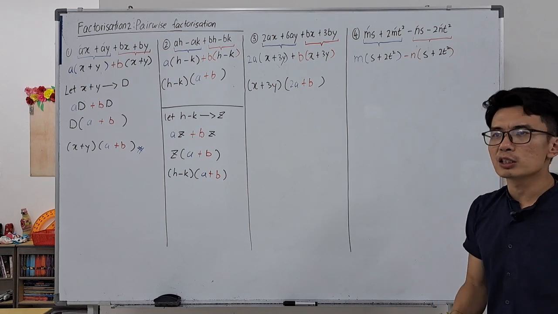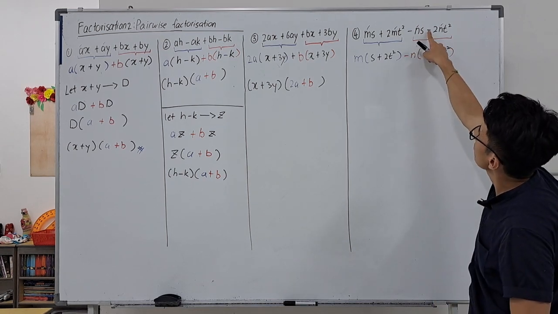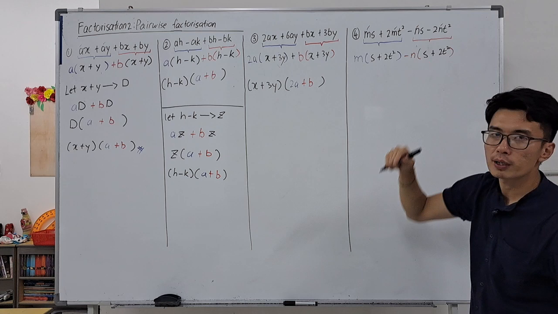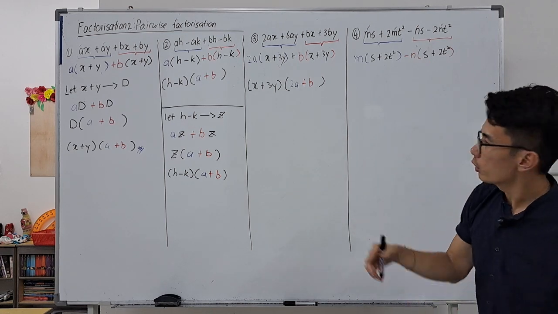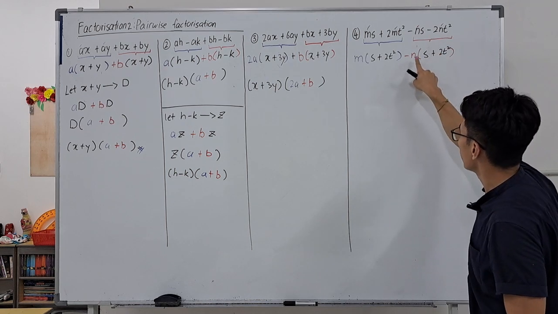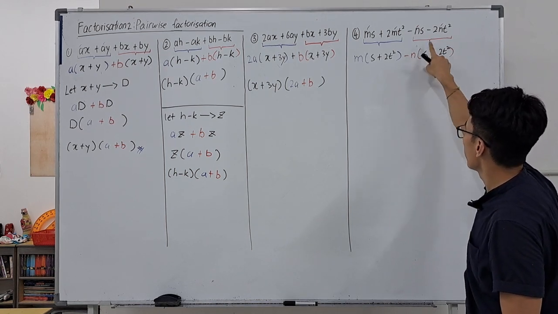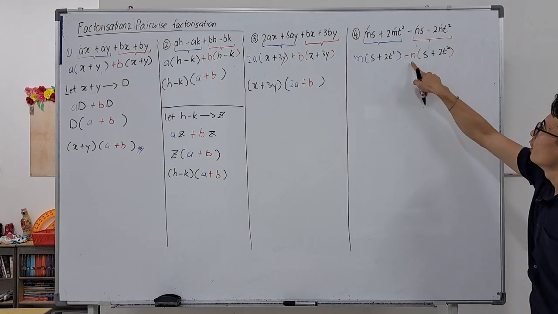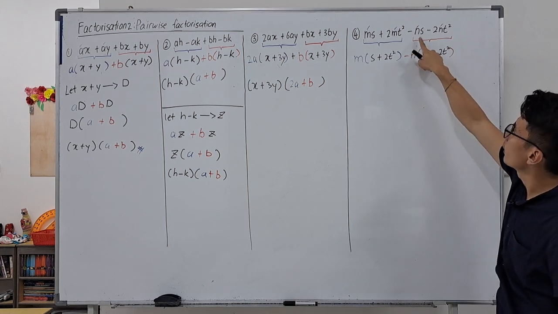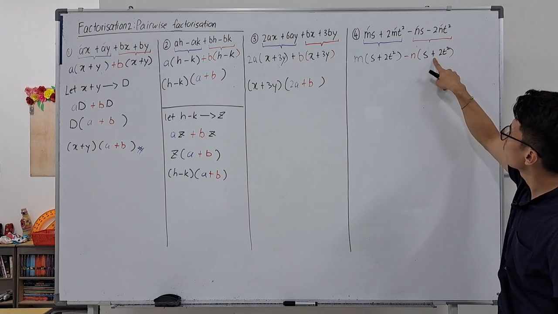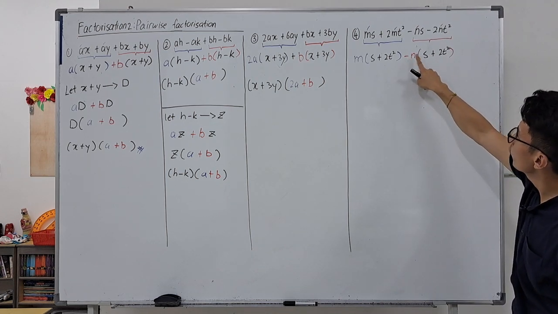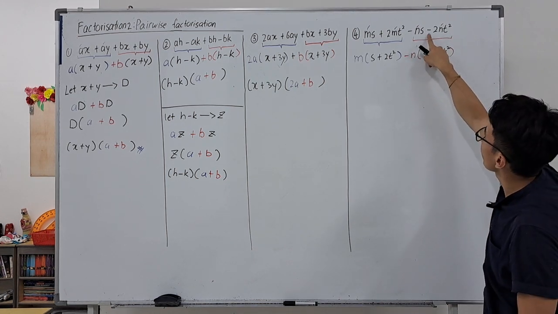Now, a very common mistake is for students to do this. Hey, there's a minus here, how does this change to plus? You can always double check your work by expanding this back and checking if this expression matches up with this. Let's check. Negative n times s, I will get negative ns. Negative n times positive 2t squared, a negative multiplied with positive, I will get back a negative.